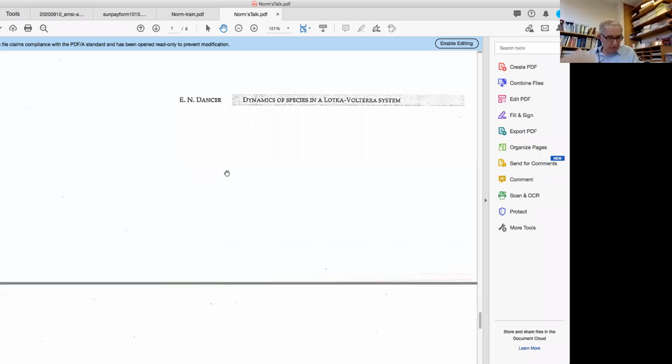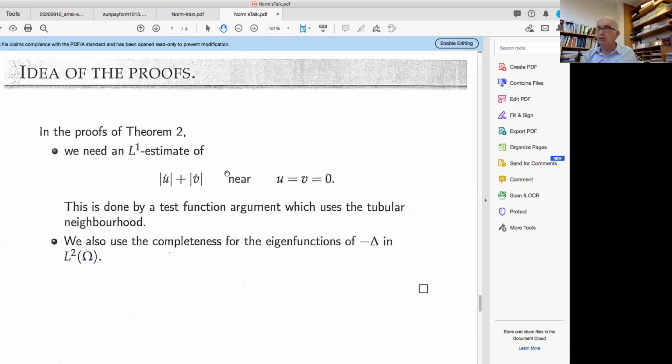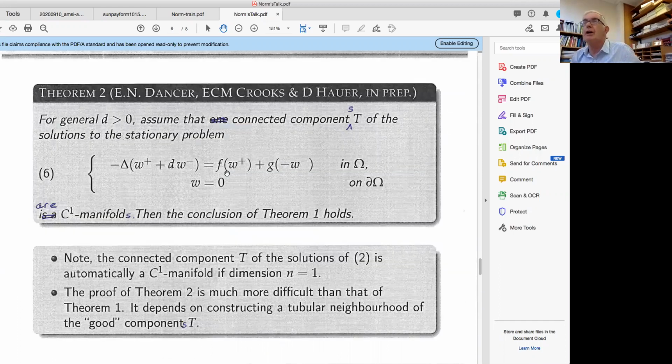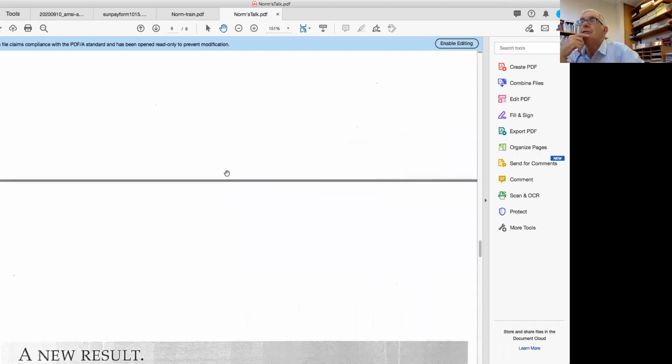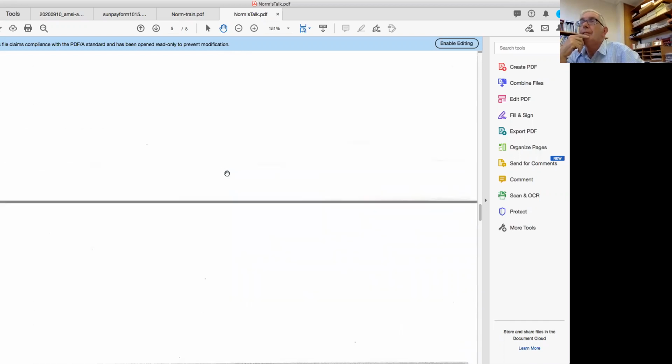We come back to a limit problem. I want to say something about that, but I'm sorry, I somehow lost the page. Go back. Limit problem. Keep going.